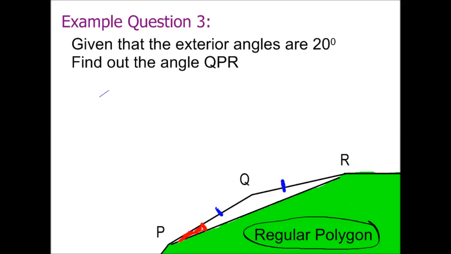Now the key thing with isosceles triangles is it always has two sides the same length, but it also has two angles the same. So that means QPR is also the same as QRP, which is over the other side, filled in red there. So all we need to do is find the angle at Q, and then when we take that away from 180, we can divide the result by 2.